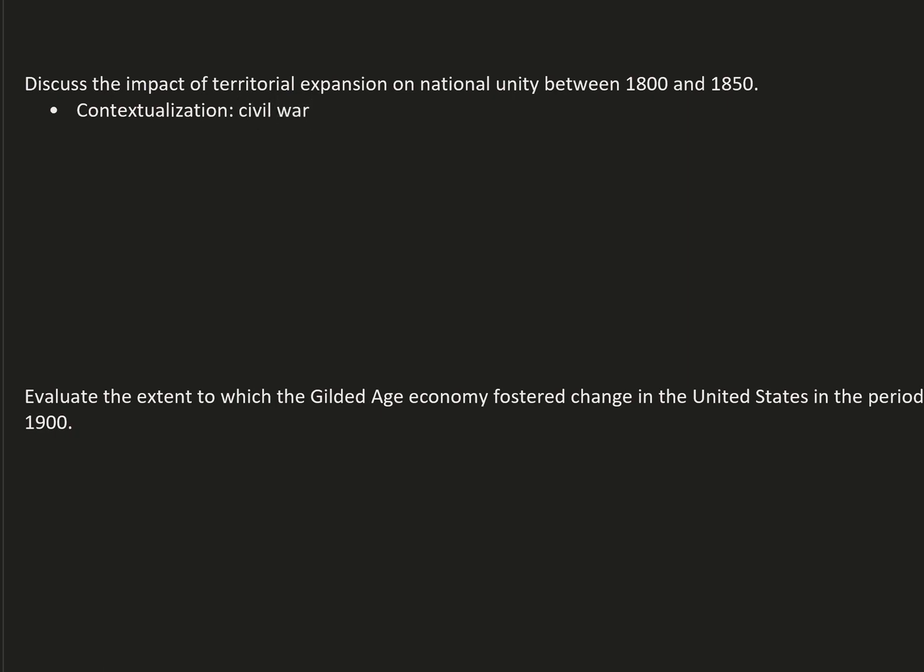Like, this is going to have some big issues for national unity later on, that the Civil War will end up happening. These issues will cause problems.